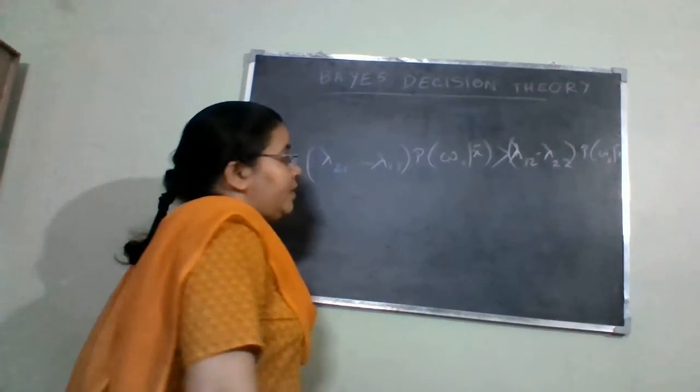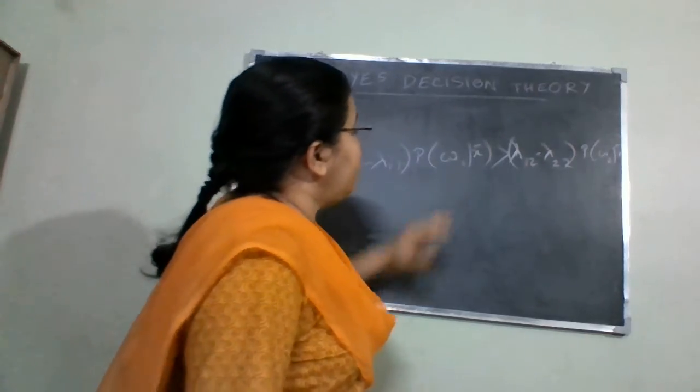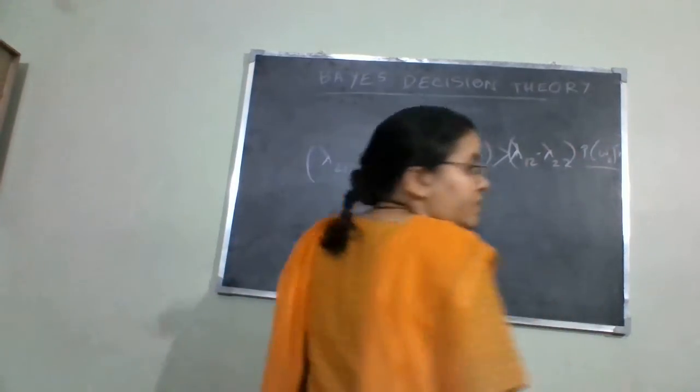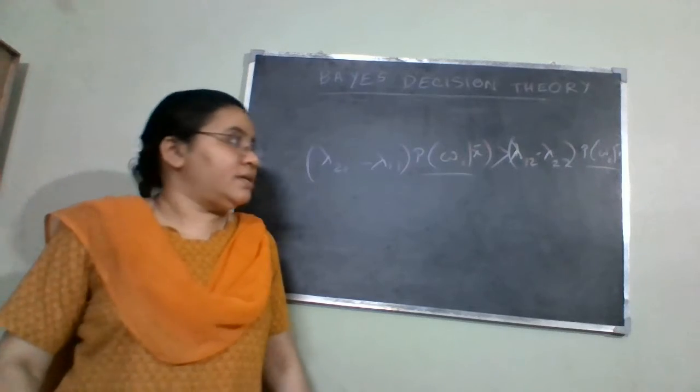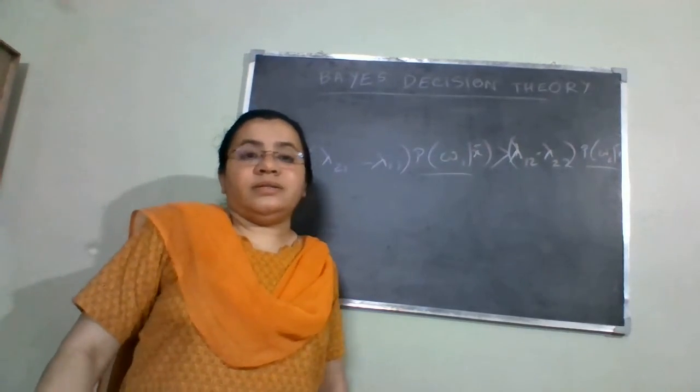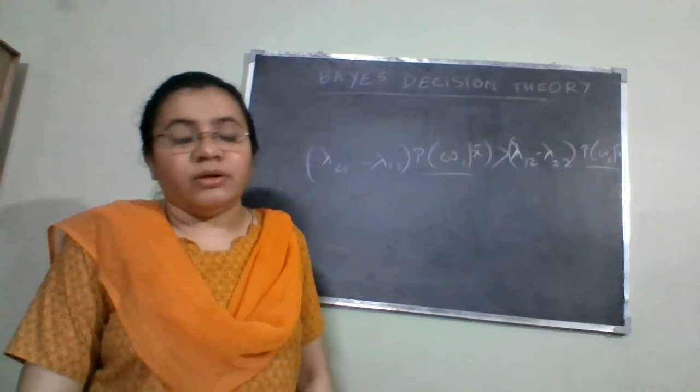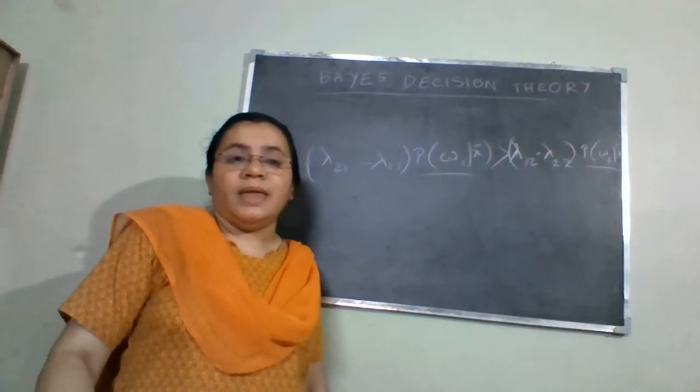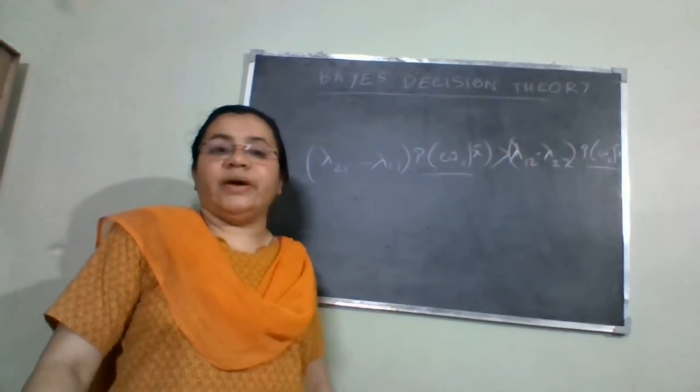Now remember Bayes theorem: these two are the posterior probabilities. Bayes theorem says that the posterior probability is the product of the likelihood, or the state conditional probability density, and the prior probability, divided by the evidence.